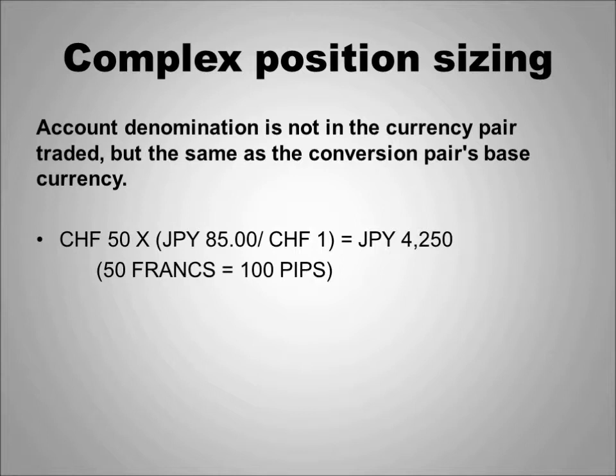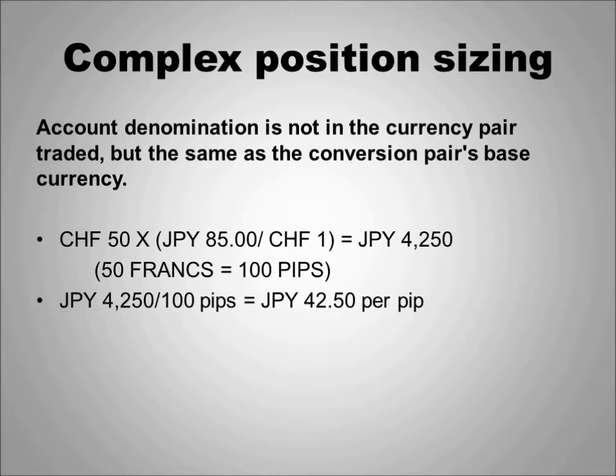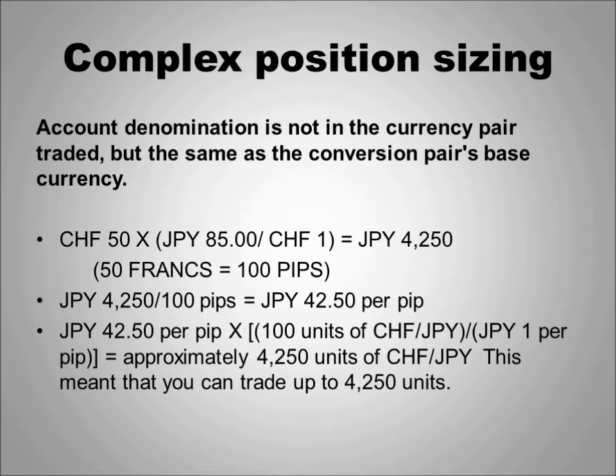50 Swiss francs times the quotient of 85 Japanese yen divided by 1 Swiss franc equals 4,250 yen. And 50 francs equals 100 pips, for example. Which means 4,250 Japanese yen, we need to divide that by 100 pips, which means each pip is worth 42.5 Japanese yen.